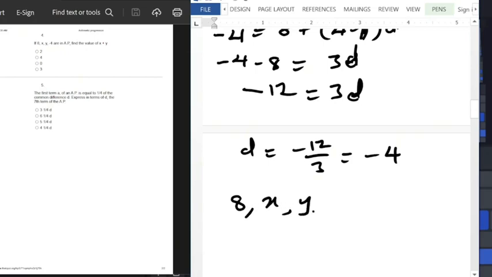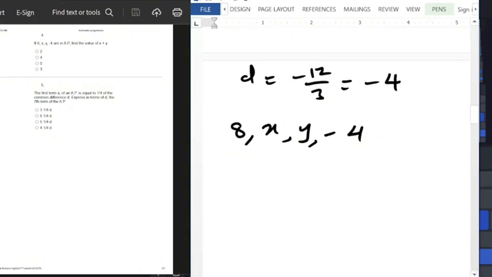The sequence given is 8, x, y, minus 4. From the AP rule, the second term T2 equals the first term plus the common difference.